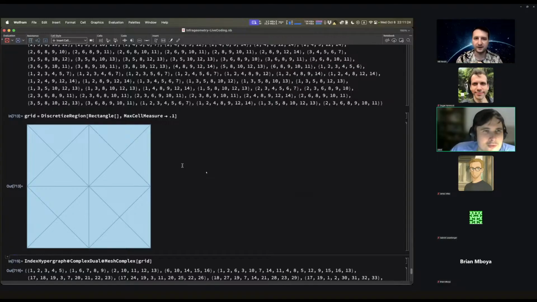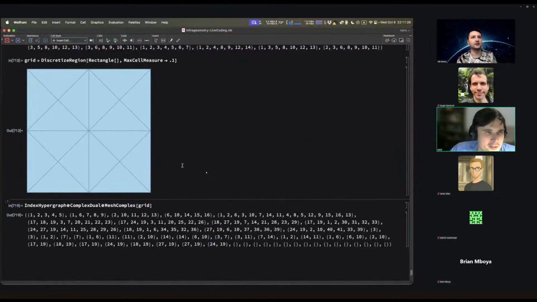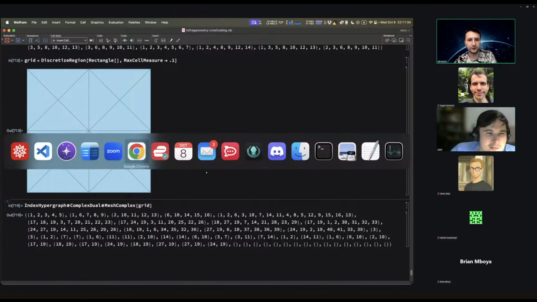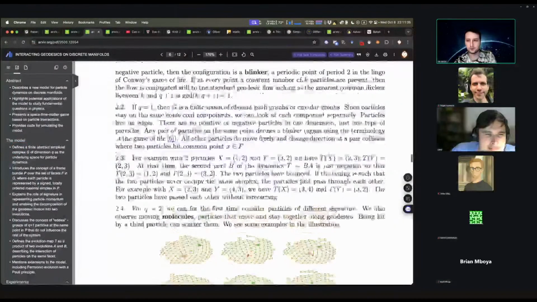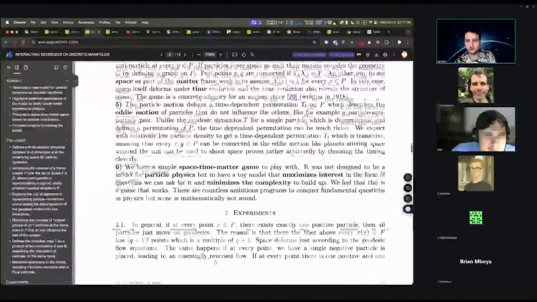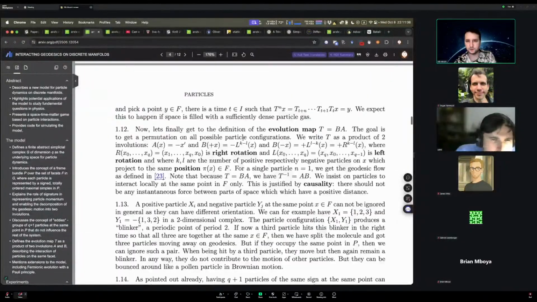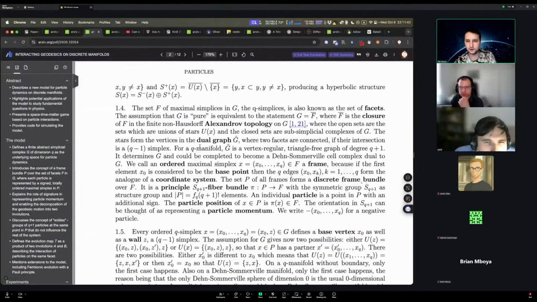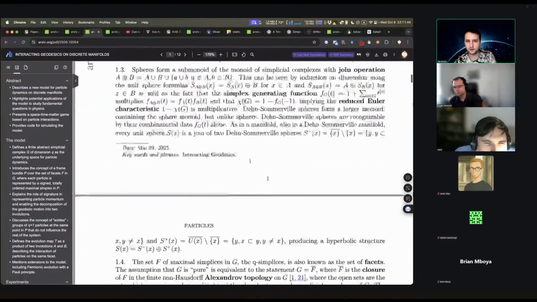And also, what is the meaning of this definition actually? This intersection of spheres. It was very confusing. Was it in this paper?